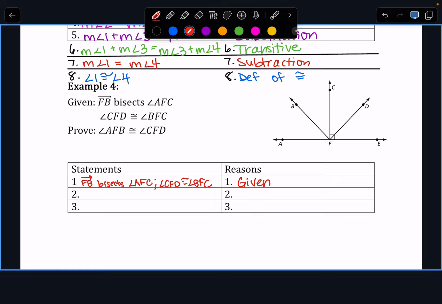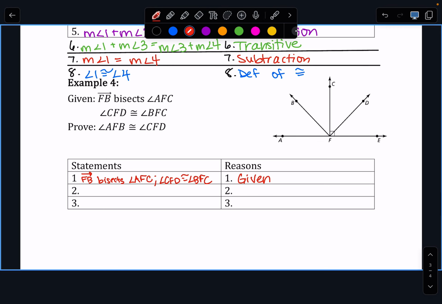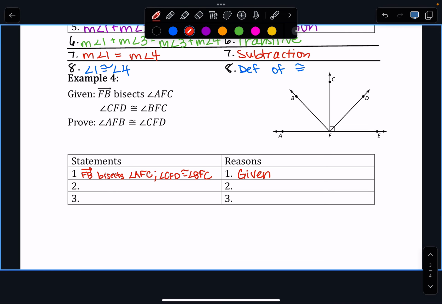What can we say since FB bisects AFC? Angle AFB is congruent to angle BFC. If that's not your second step, it needs to be.